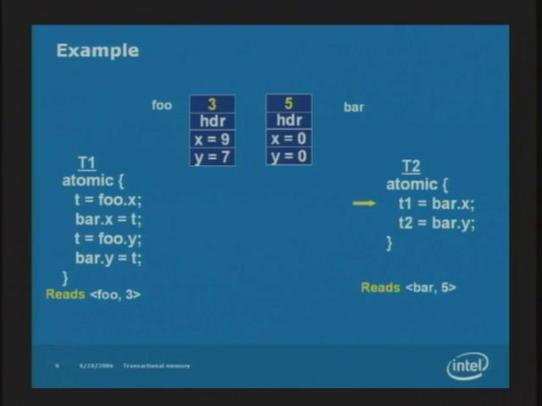Then the next transaction starts and says, I have read the object bar, and you remember that this had version number 5 when you actually read it. So in some sense, these version numbers are timestamps.